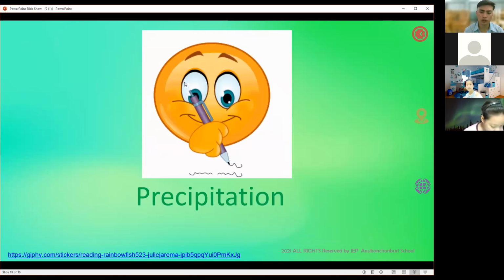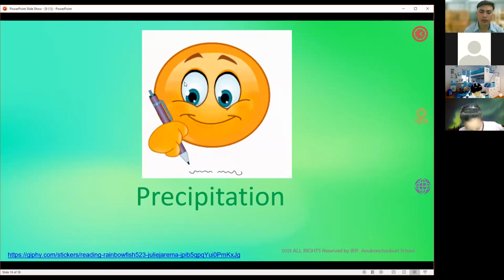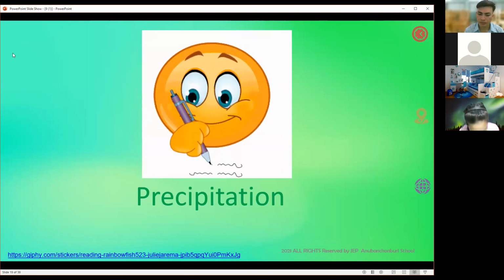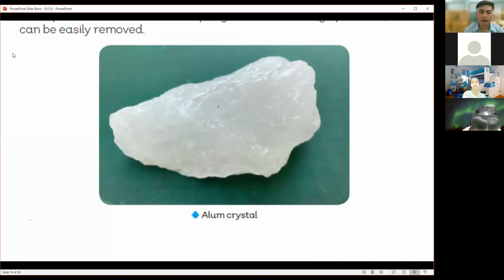Now let's proceed to our lesson for this afternoon. Oops, wait. I will try to edit this one. Why is this very big? I don't know why. Okay, so you can open your book on this particular page.